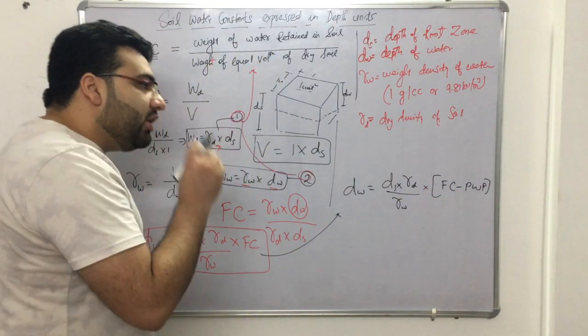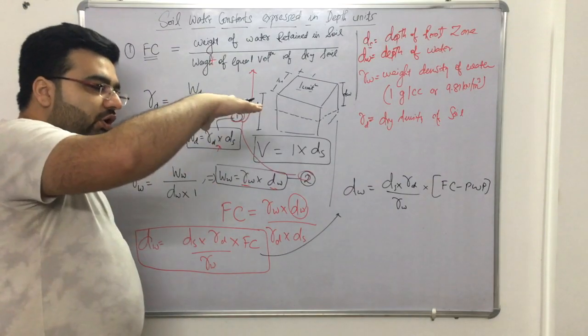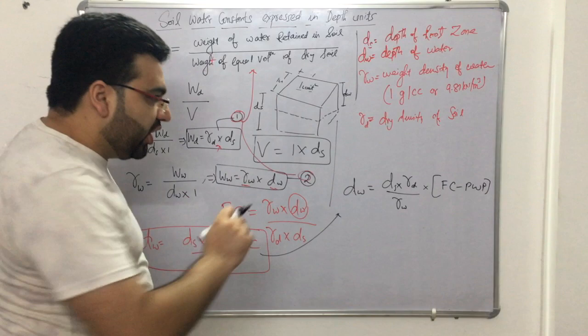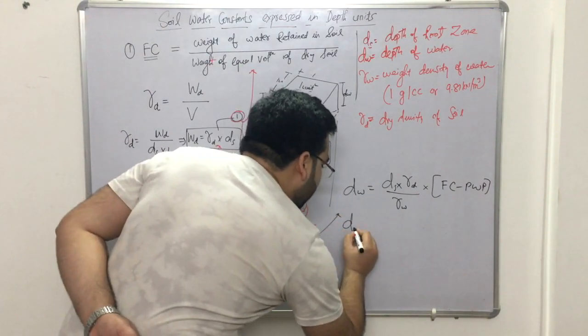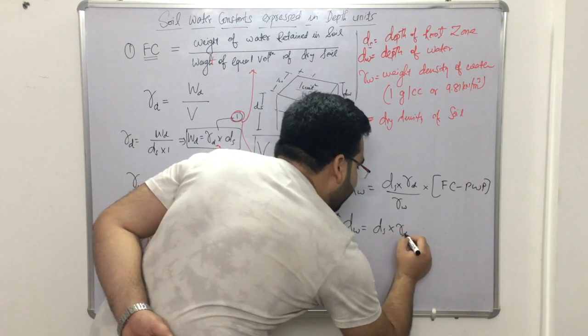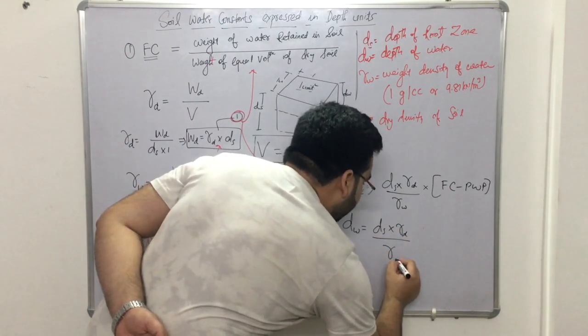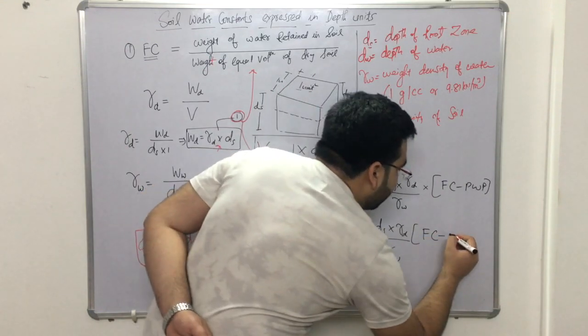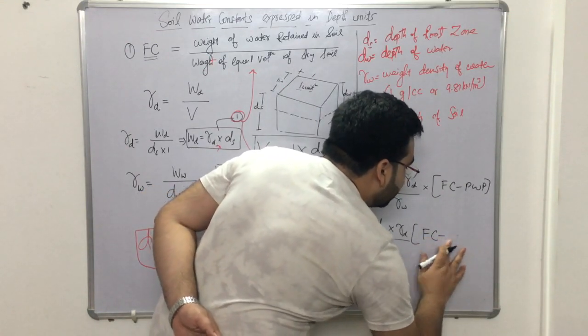And now if we are not allowing the moisture content to drop below the readily available moisture, then this formula becomes dw is equal to ds into gamma d divided by gamma w, in bracket field capacity minus readily available moisture.